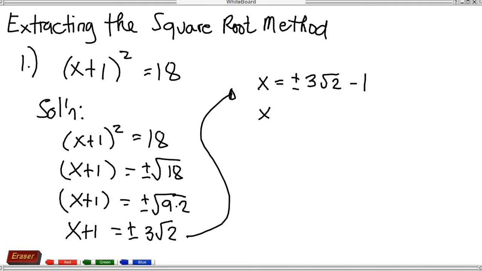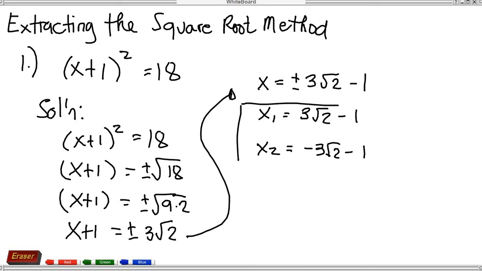Or your x1 will be 3√2 − 1, and your x2 is equal to −3√2 − 1. So these are now your roots, x1 and x2.